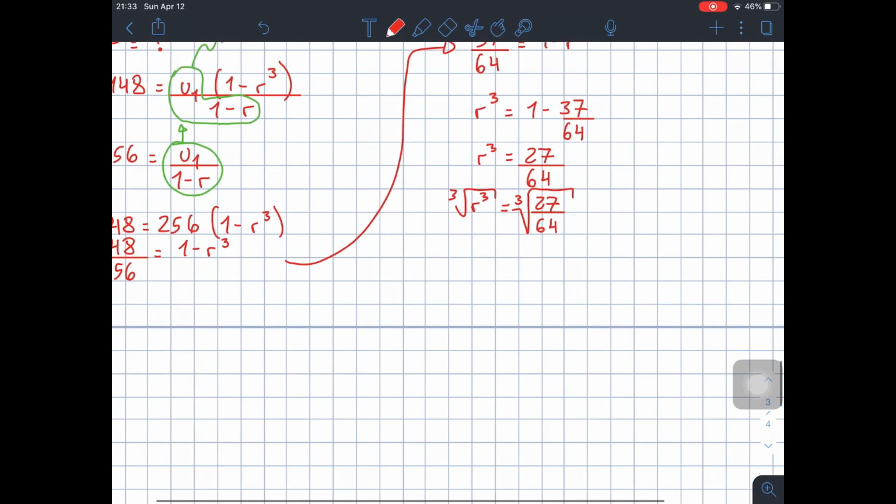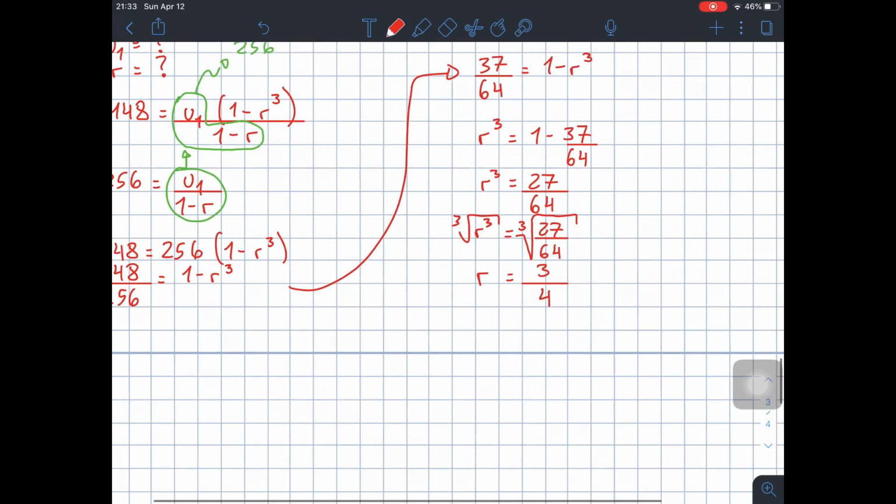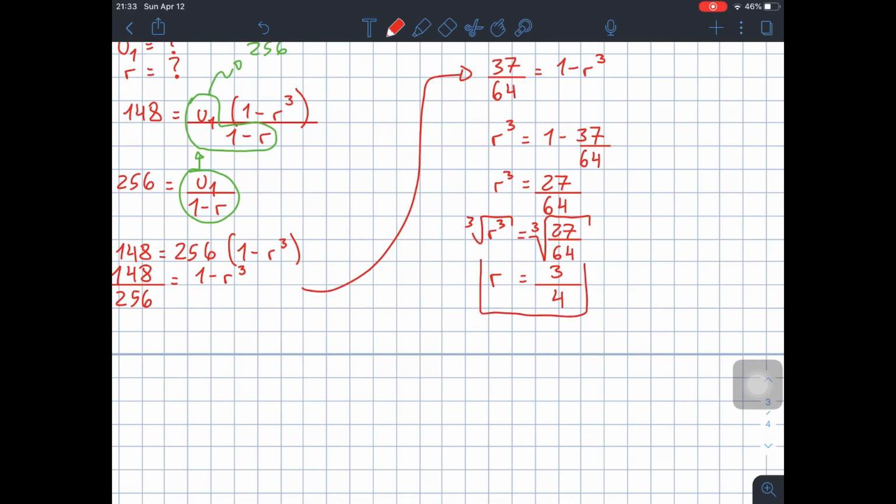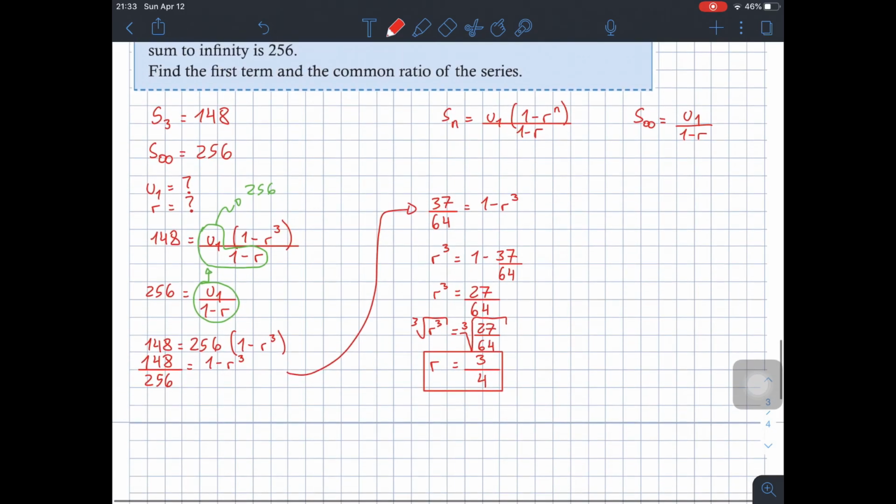So r equals the cubic root of 27, this is 3, and the cubic root of 64 is 4, right? So if you do that, you can check that using your calculator. The cubic root of 27 over 64 is 3/4. So now we already have the common ratio, which is 3/4. And in order to find u1, we can plug in the value of r into this equation, for example, right?